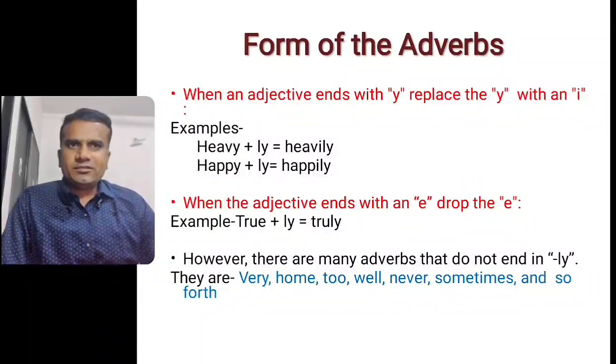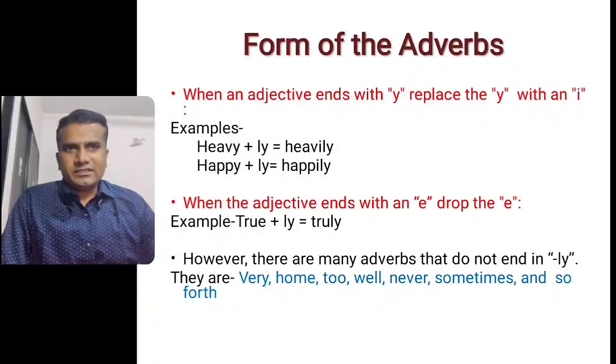When the adjective ends with an E, drop the E. This is the next way of forming an adverb. The example is given here. You can also see on the screen. Example is true, T-R-U-E.